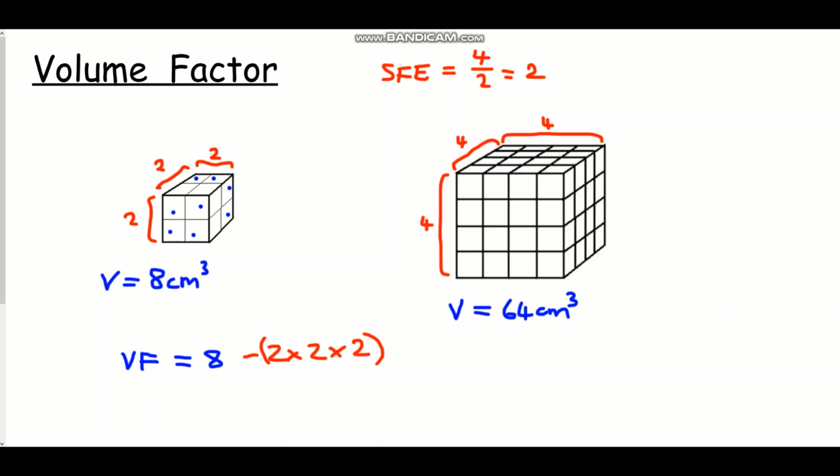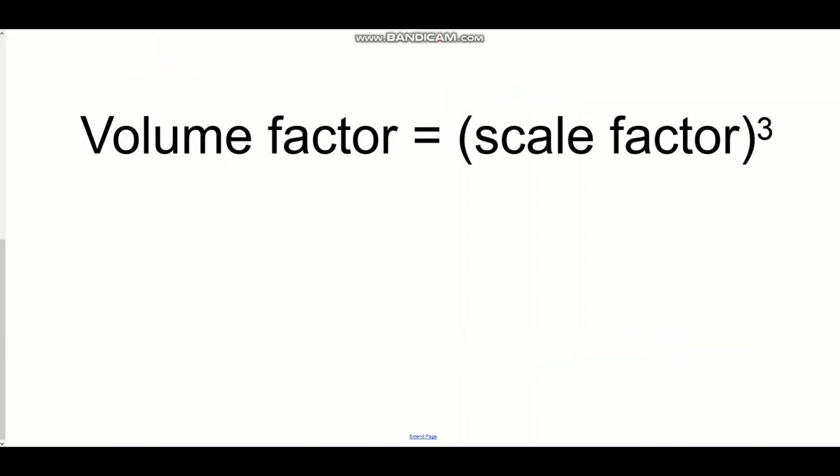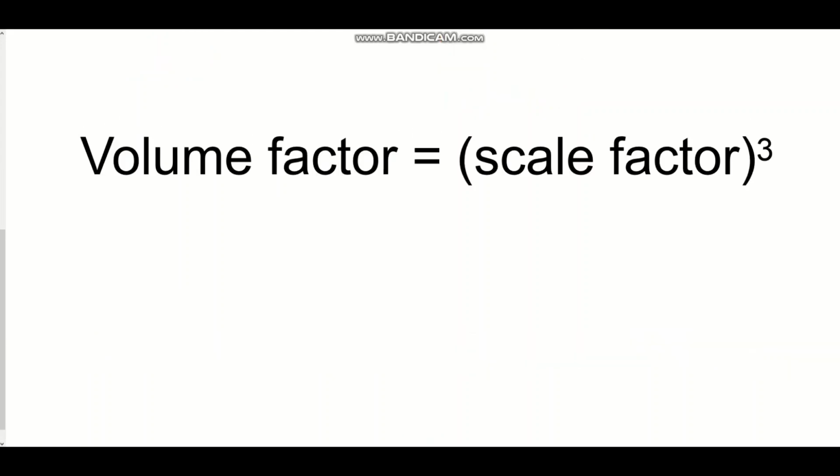Because the first 2 times 2 gives you 4, and then you times that answer by another 2, and that gives you 8. So volume factor is equal to the scale factor cubed. Another way you could think about that is the scale factor times the scale factor times the scale factor again.